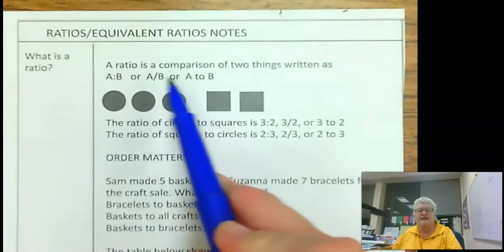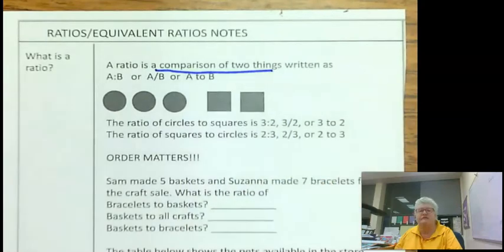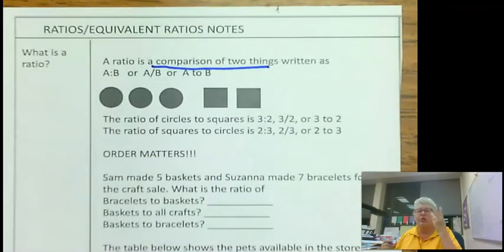So a ratio is a comparison of two things. And we can write it three different ways, okay? Three ways.